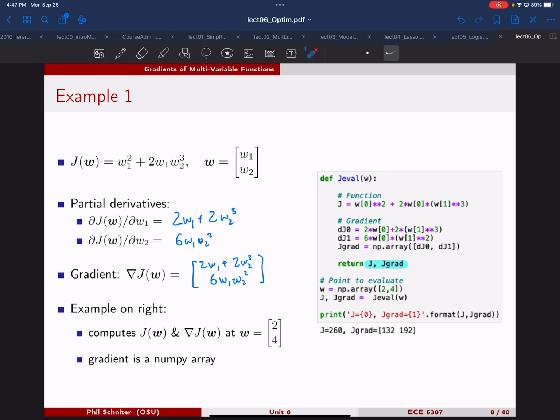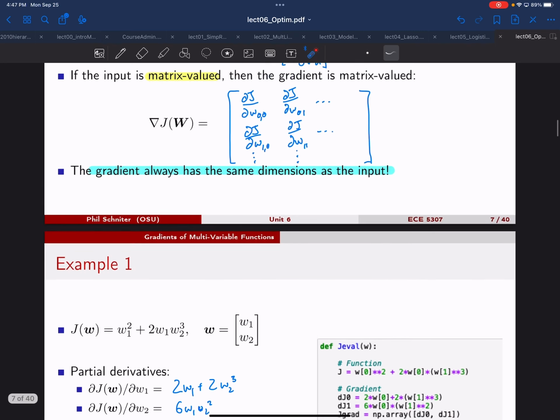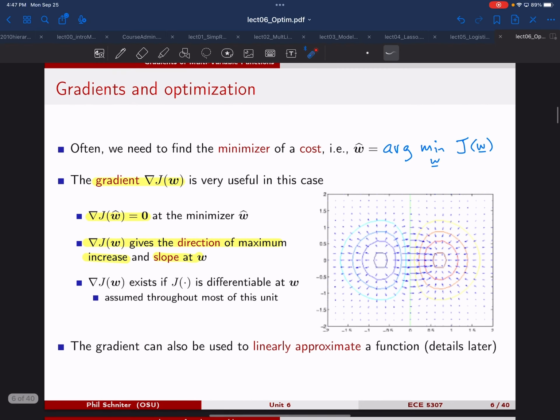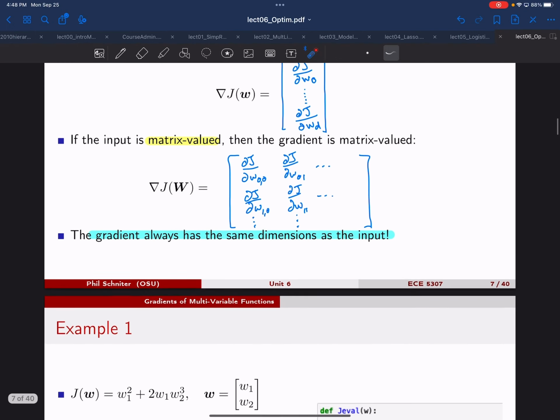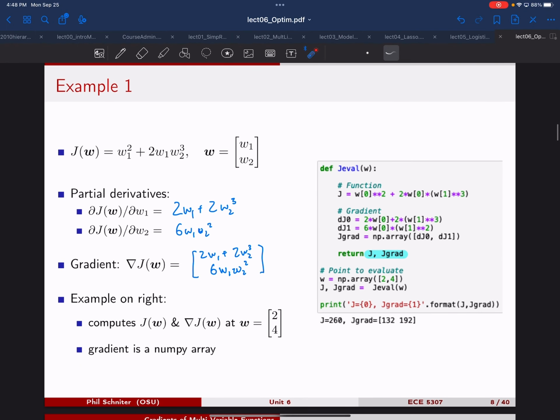And this is because typically, as we'll see, we essentially want to do something like walk downhill to the bottom. So you're going to take a step in the gradient direction, then another step, and so on. And as you do that, you want to keep track of the values of the cost. Is the cost actually decreasing? Does it seem like I'm coming down and bottoming out? And so you compute the gradient and the cost together.